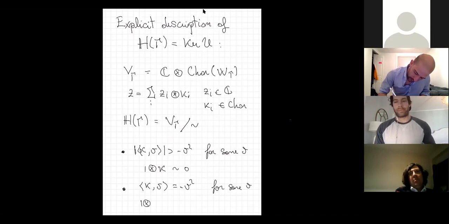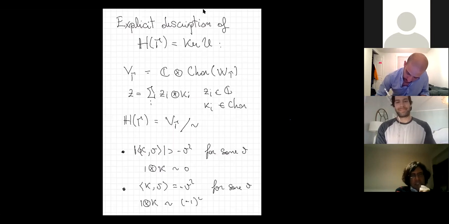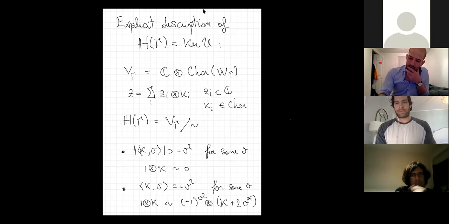The generator associated to K is equivalent to minus 1 to the v squared tensor K plus twice the Poincare dual of the vertex V. Okay, very good. So this is an explicit description of the kernel of the multiplication by U. So are there any questions so far? Okay.